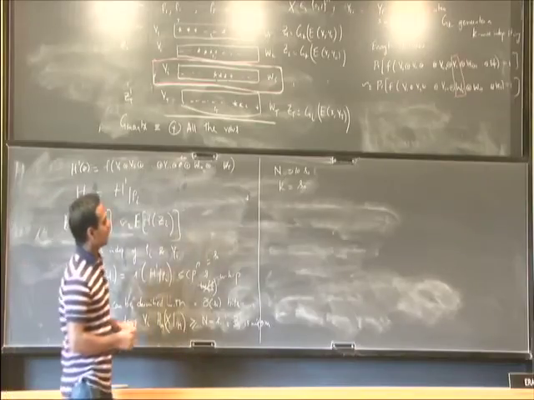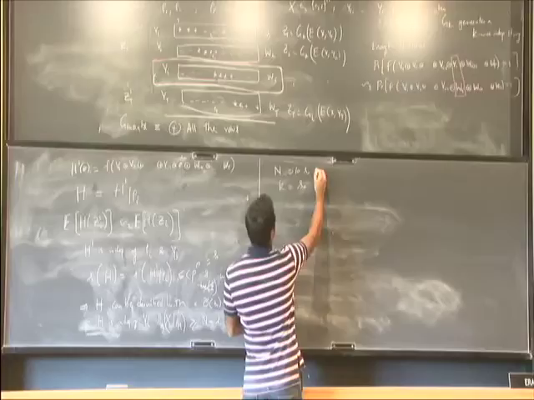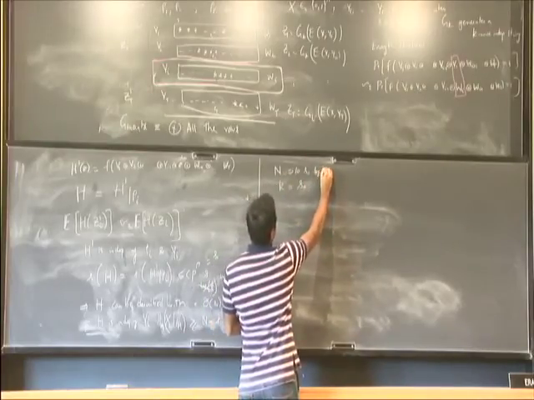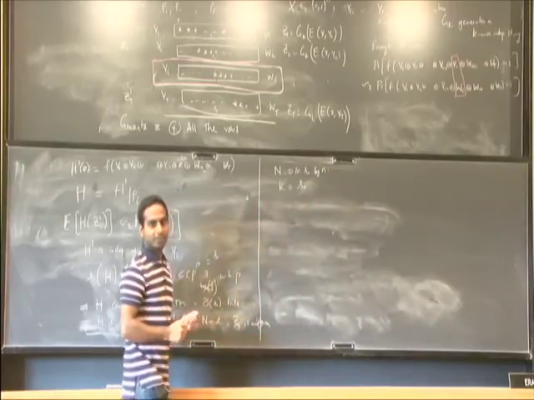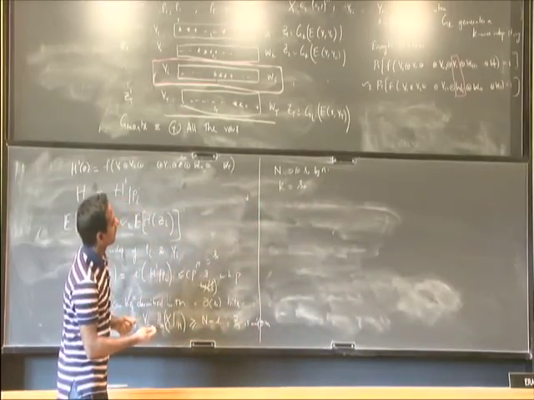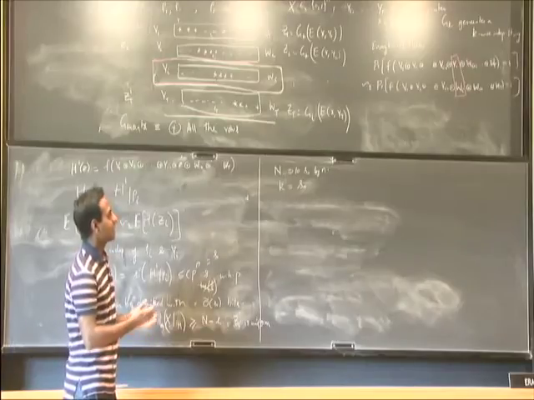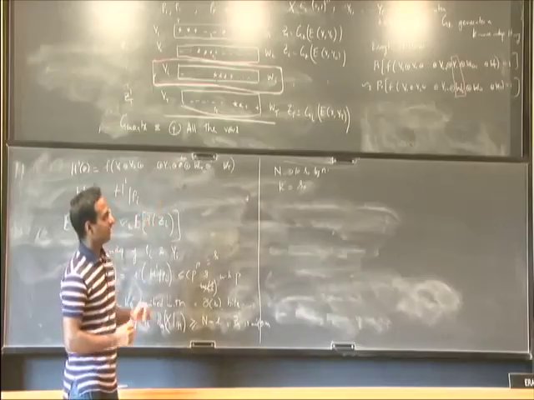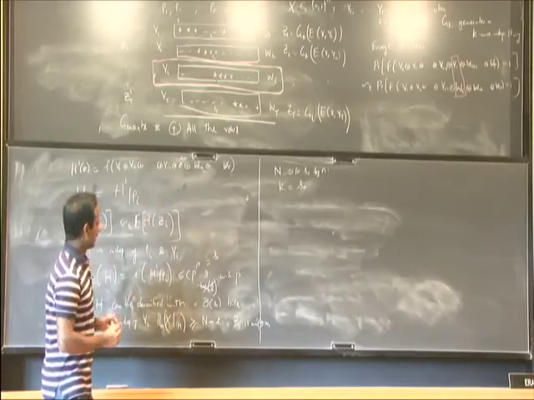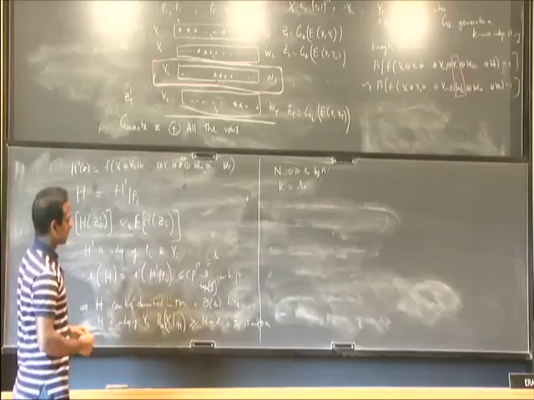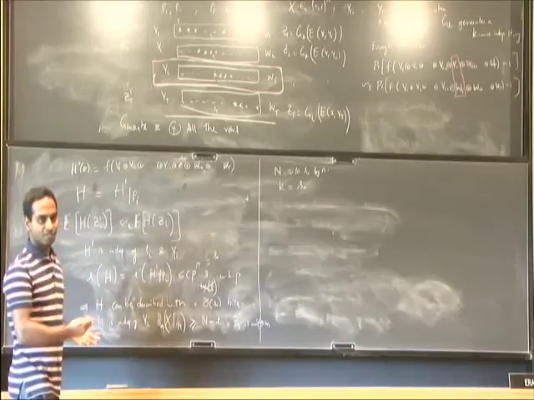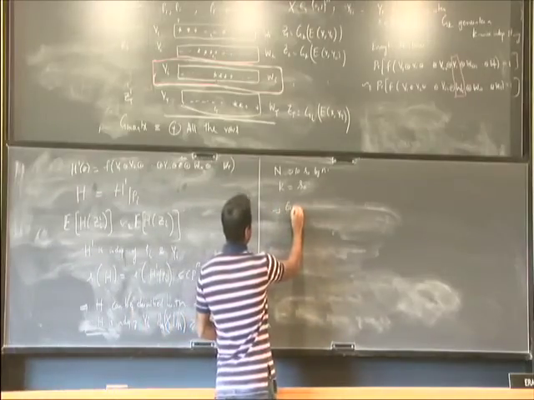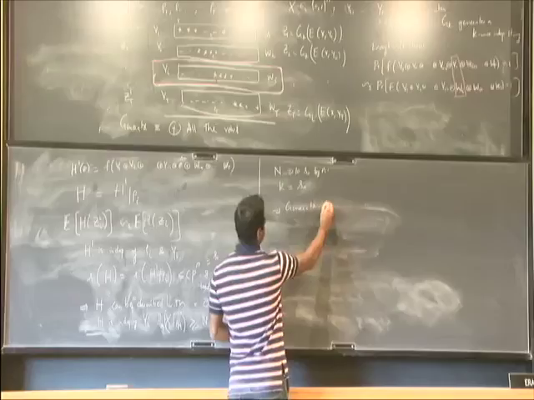So that means I need n to be something like this much, because to generate a k-wise independent string, I need S0 log n bits. So this is the setting of the parameters. Let's balance things out and see what the seed length is. So this implies that the generator works.